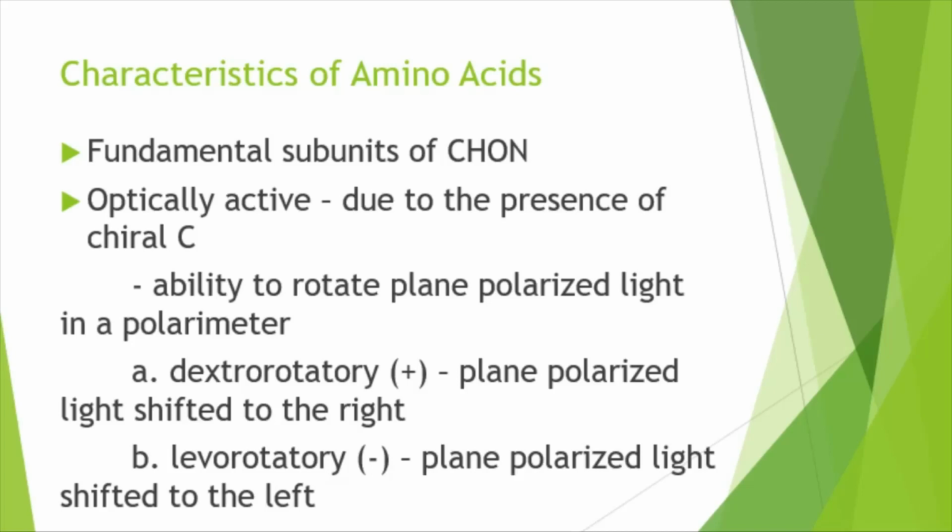It can either be dextrorotatory or levorotatory. Dextrorotatory has a positive sign, wherein plane polarized light is shifted to the right. Compared to that, with levorotatory the plane polarized light is shifted to the left. So we're talking here about the rotation of light.